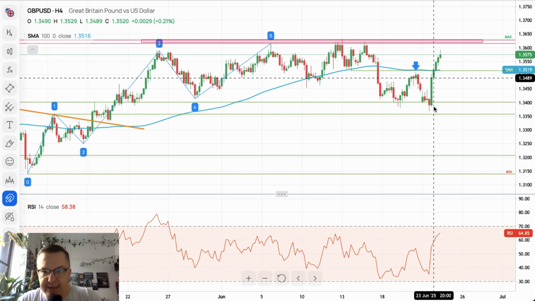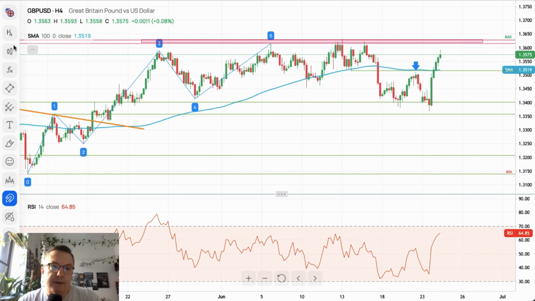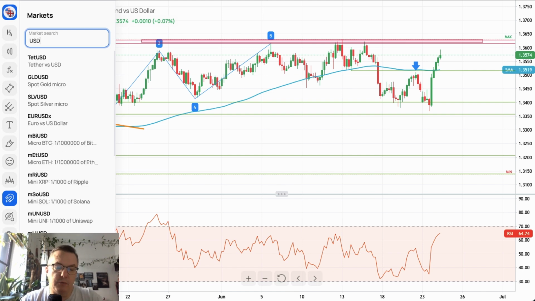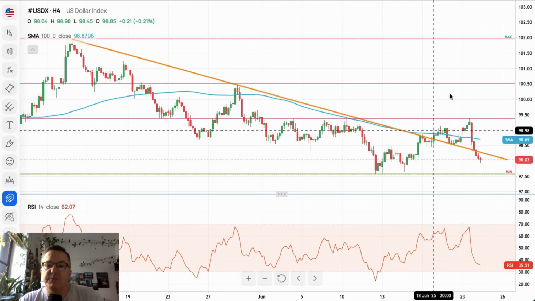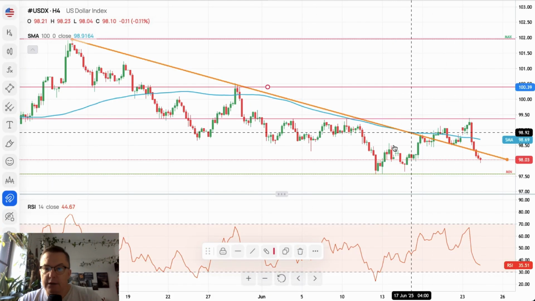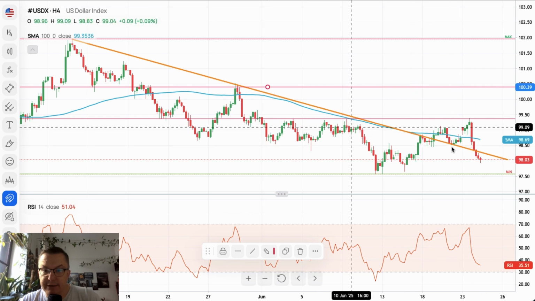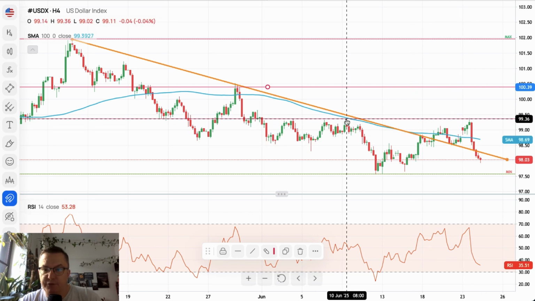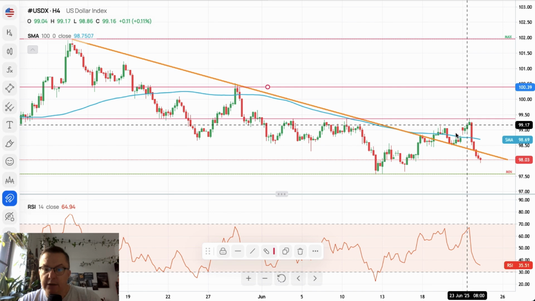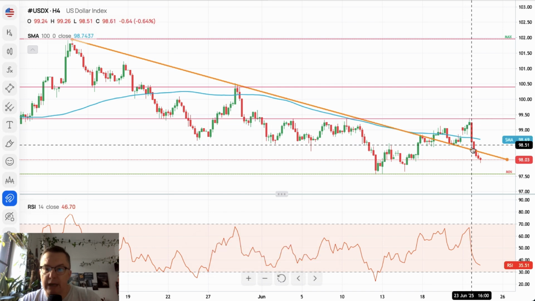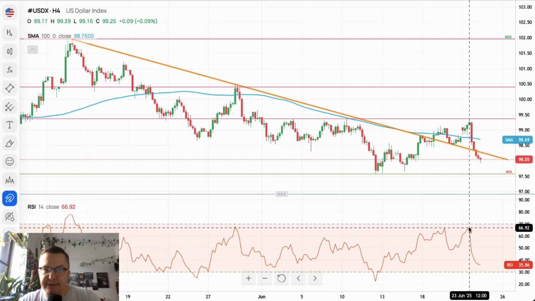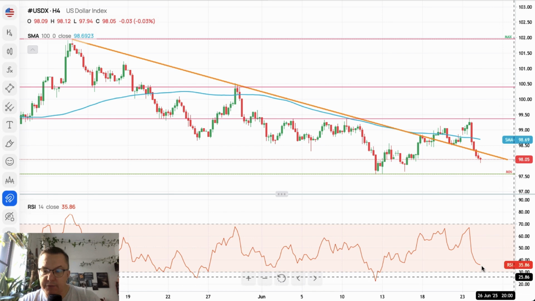So let's investigate further, because this sudden spike to the upside might be connected with the weakness of the US dollar. That's why we are going to take a look at the US dollar index. After the breakout above the trend line and the test, we went as high as 100.36, but then the US dollar was capped and reversed big time after a bearish engulfing pattern was produced, way down from the level of 67 points on the hourly side down to the level of 35 points.